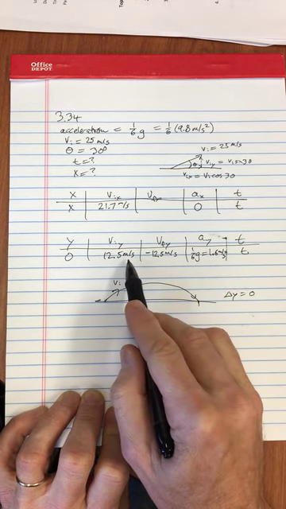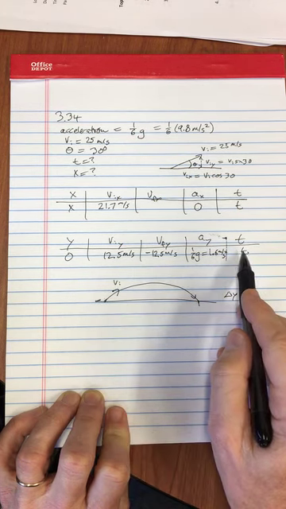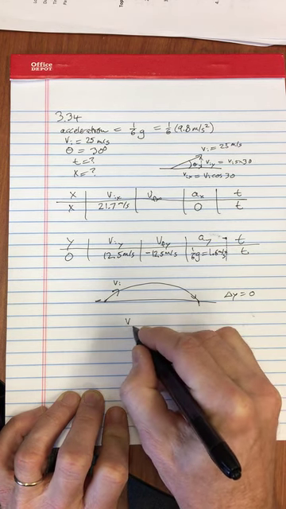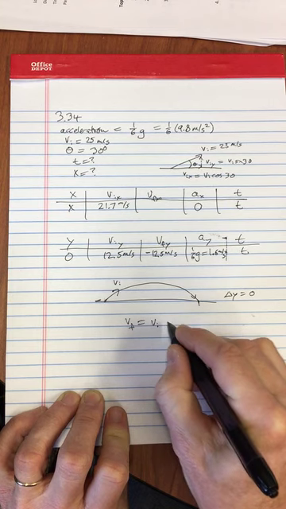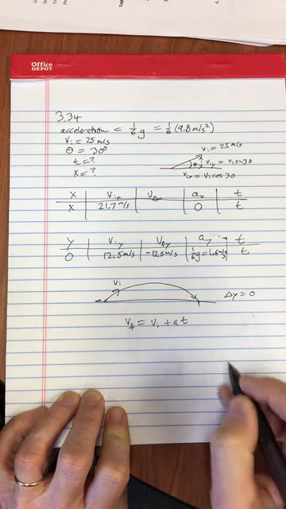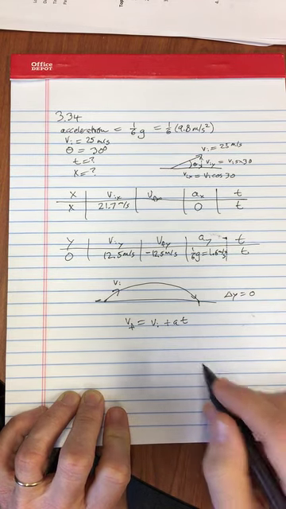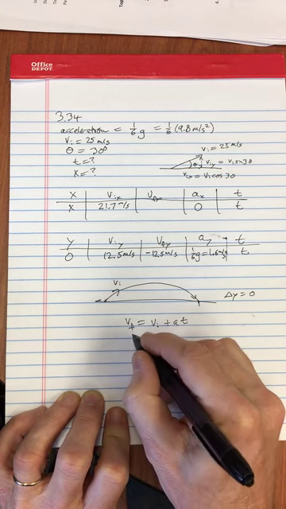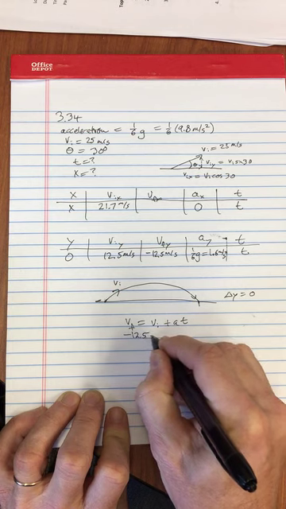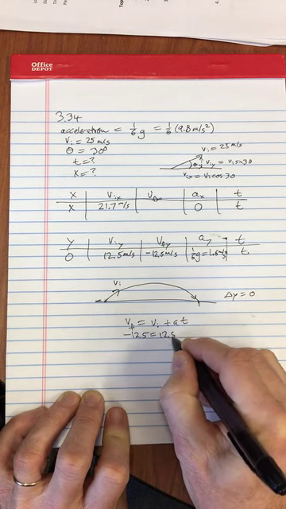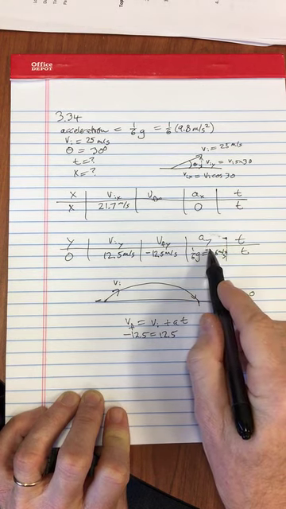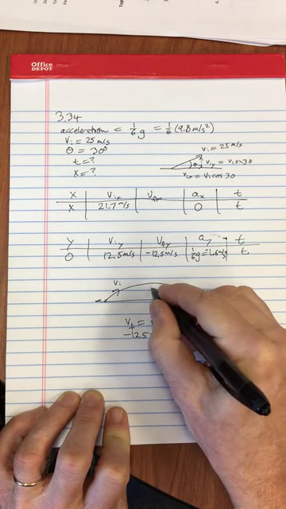So I'm just going to use one of my kinematic equations to solve for time. The easiest one to do that with is Vf equals Vi plus At. The other one has a t squared. I don't want to mess with that. So Vf equals Vi plus At. That gives me minus 12.5 equals 12.5, and I should have put a minus sign up here for the vertical acceleration because it's downwards.